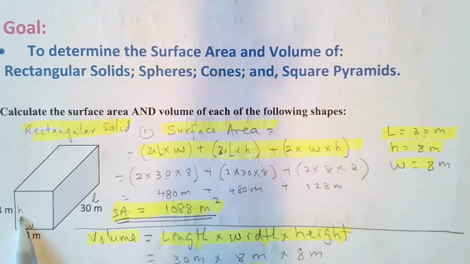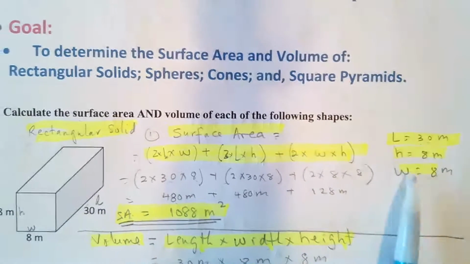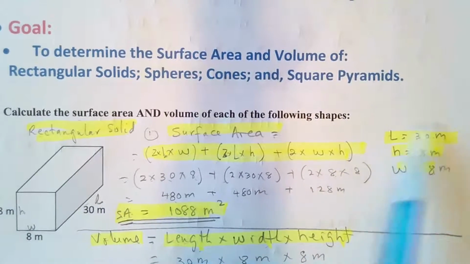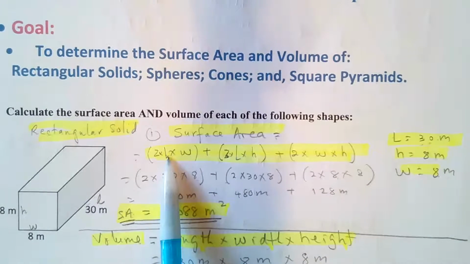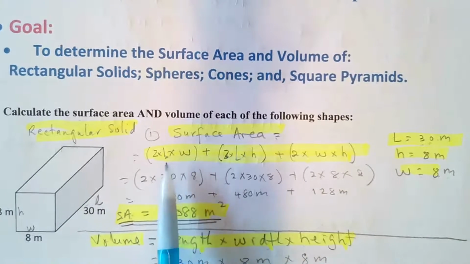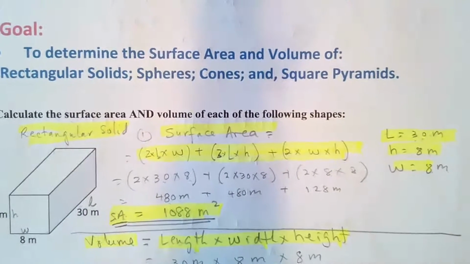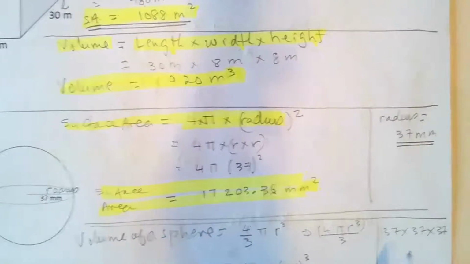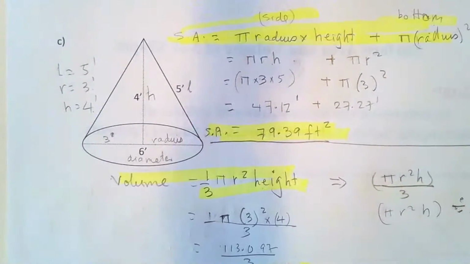Then determine the dimensions, record the dimensions, substitute the dimensions given on the object into your formula and calculate. That applies to all of the shapes, sphere, and cone. Just be careful with cones. It's slightly different. And the square pyramid.